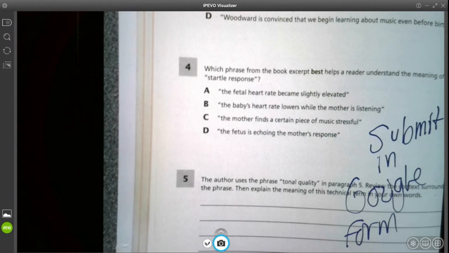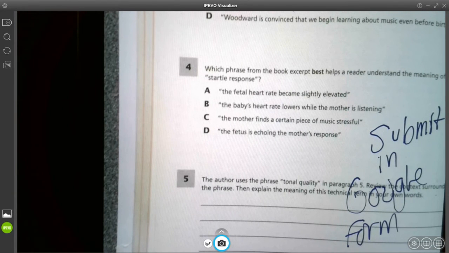So you're going to meet with me on Monday morning at 10 o'clock or 10:30 or 11 o'clock, depending on what block you're in. Remember, first block, second block, third block. We're going to meet again on Thursday. So you're going to need to have this done by Wednesday at the end of the day, before midnight, so that I can grade it and get it back to you on Thursday.